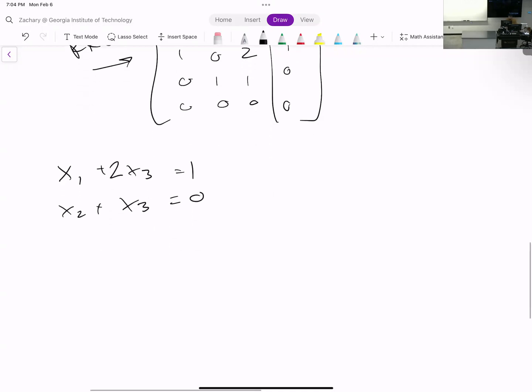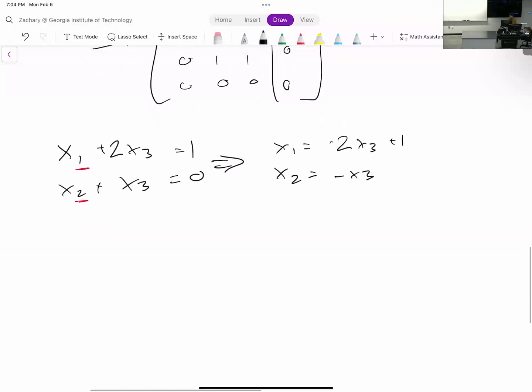What we always do is solve for the lowest subscript. The subscript is the little number below the x. Here we have 1 the lowest, and here we have 2 the lowest. So this becomes x1 equals -2 x3 plus 1, and x2 equals negative x3.